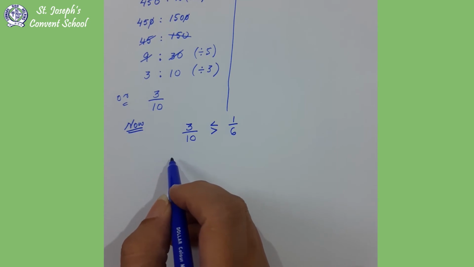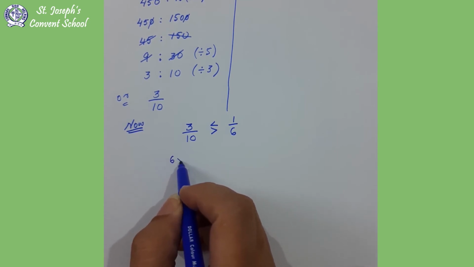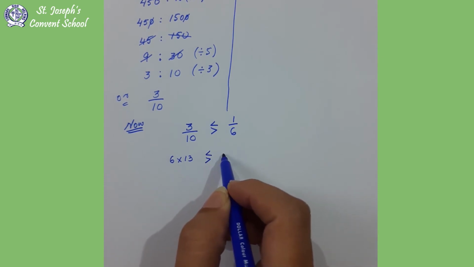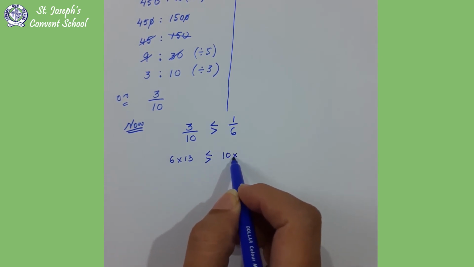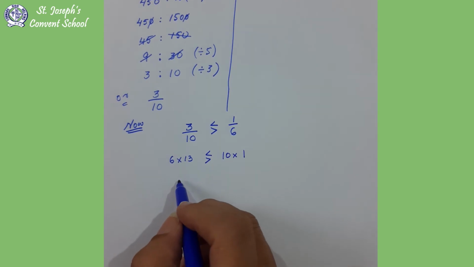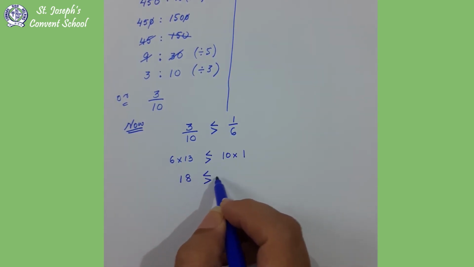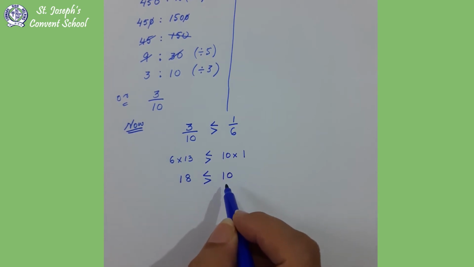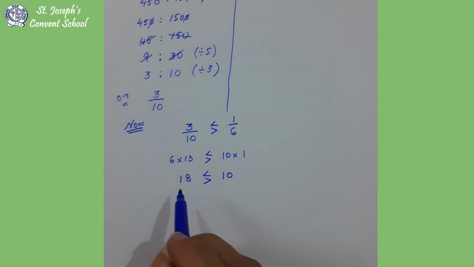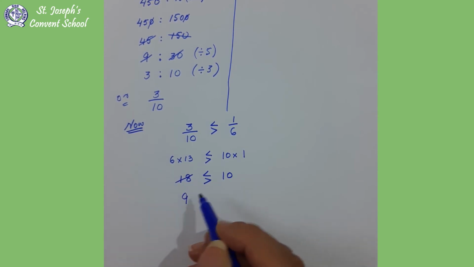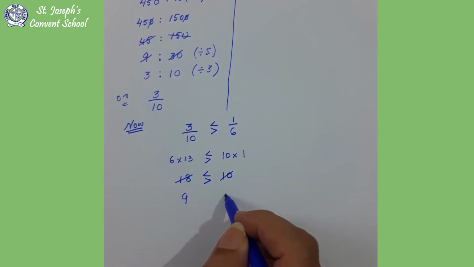So what will happen? 6 into 3 less or greater than 10 into 1. So 6 into 3 is 18, less or greater than 10. Or you can simplify it, they go in the same table. 2 nines are 18 and 2 fives are 10.